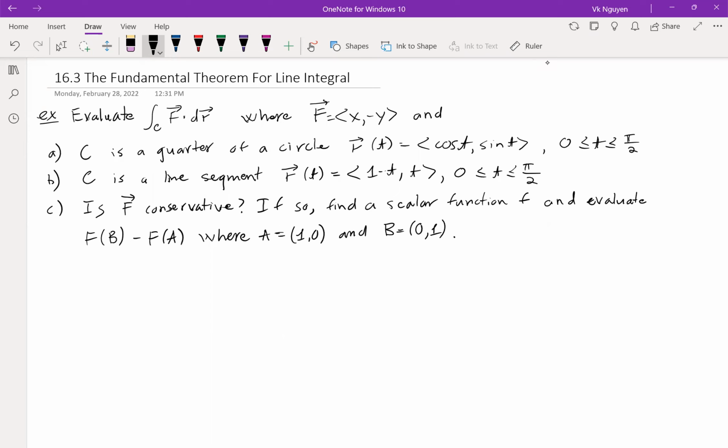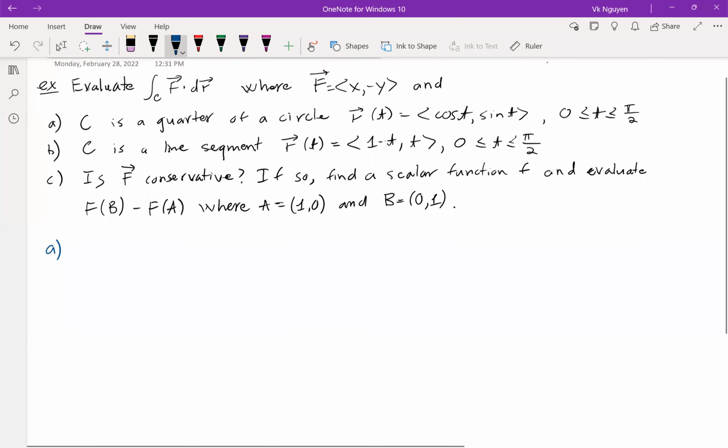Okay, we're gonna do these three problems first before we take a look at the theorem, because the problems are gonna lead us to the theorem. So the first one, let's draw the curve C here.